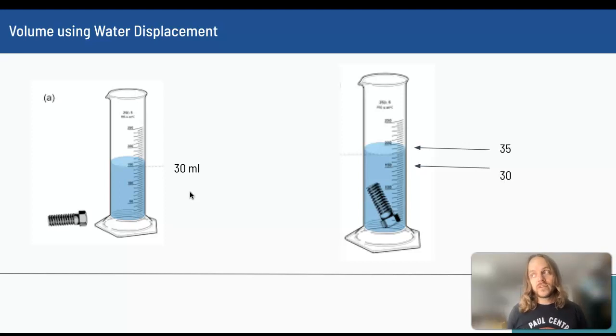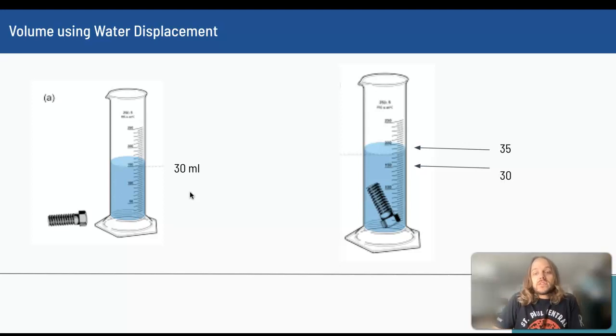And you probably know this from taking baths or from jumping into a backyard pool or something like that. But when you enter water, the water level rises because you're displacing the water. The water's not going inside of you, you're pushing the water away from you, right? And so when we put this bolt inside the cylinder, it's going to push the water, and the water has nowhere to go but up, right?